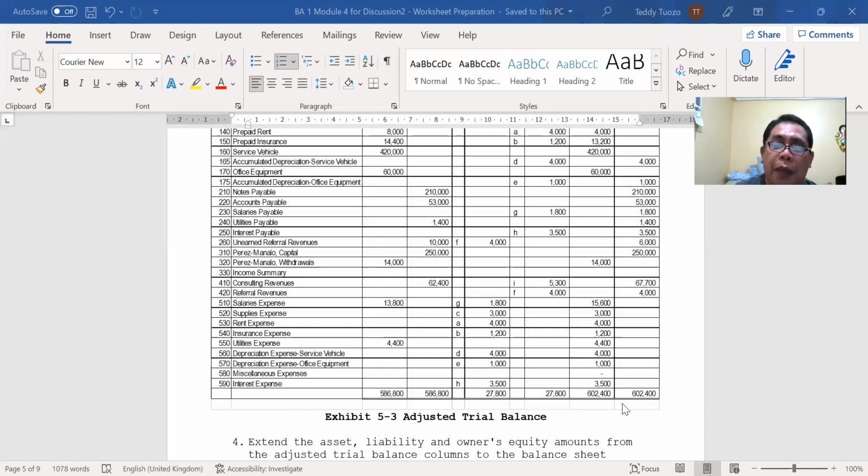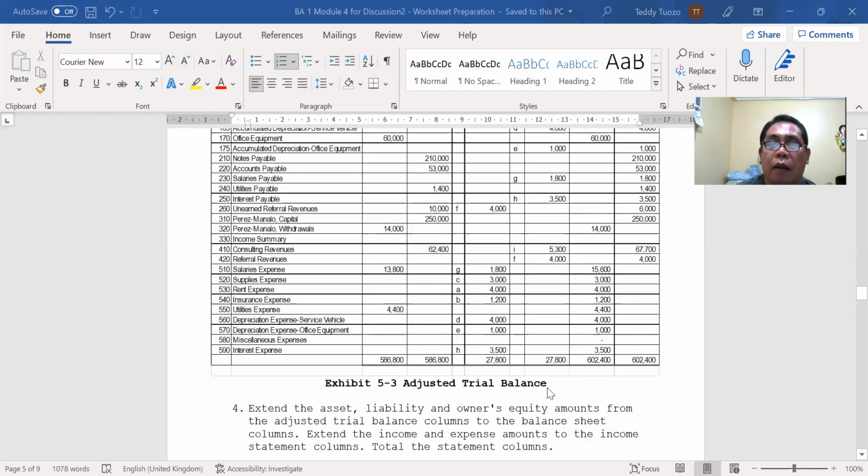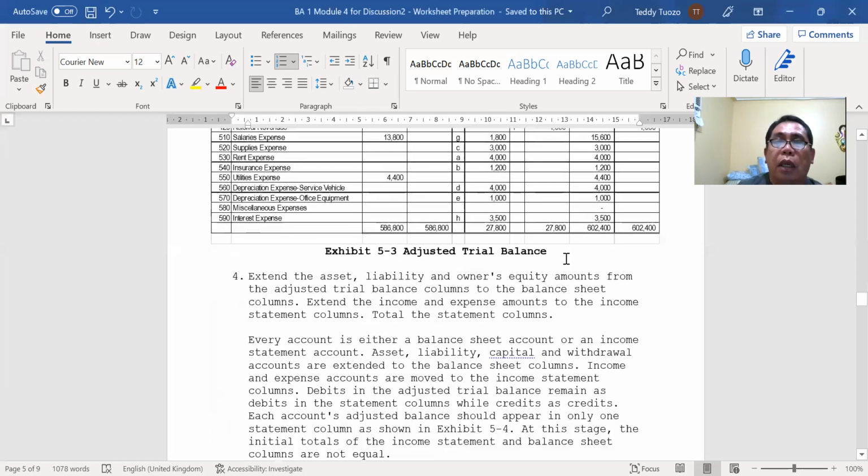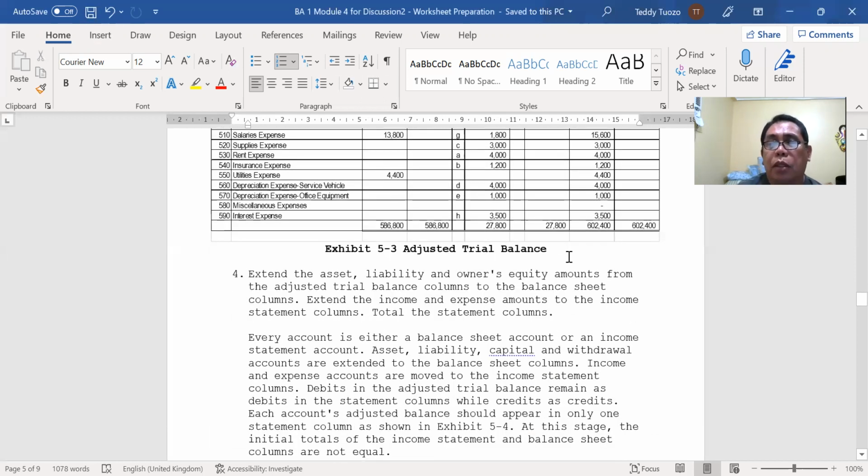And for the adjusted trial balance, we also footed from cash down to the interest expense account. So that's why 62,400 is also equal to the credit column. So they should be equal. If there's a discrepancy, meaning to say you might be tracing it back again to your previous ledger or trial balance.